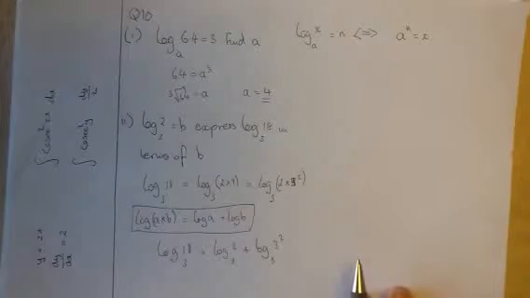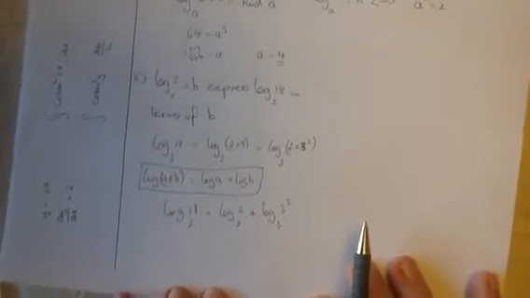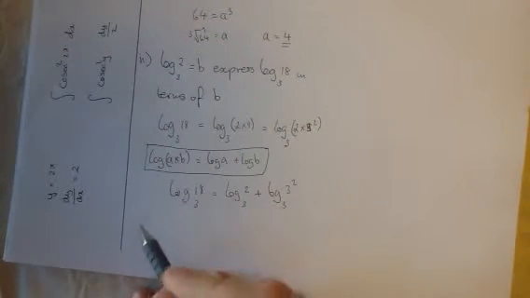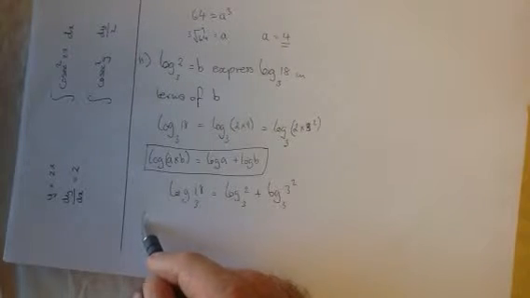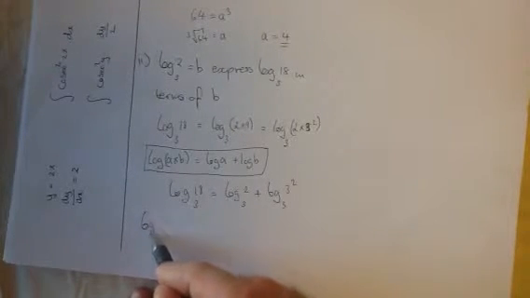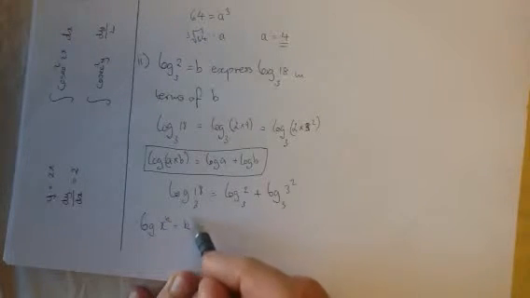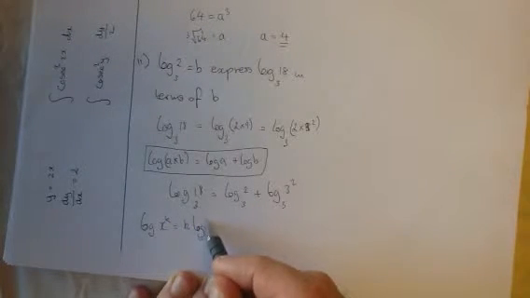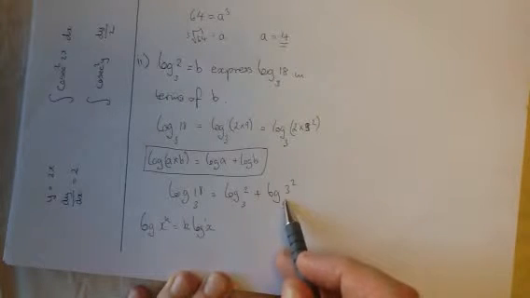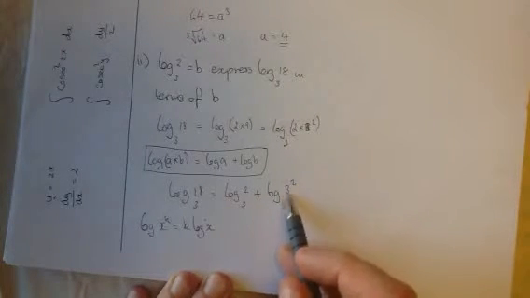Now we're going to do two things in the next step. We know from our laws of logs, the log of x to the power of k is equal to k log x. So we can use that to rewrite the log of 3 squared.